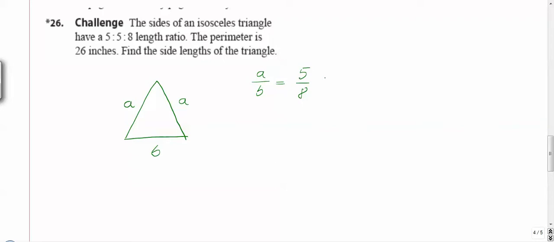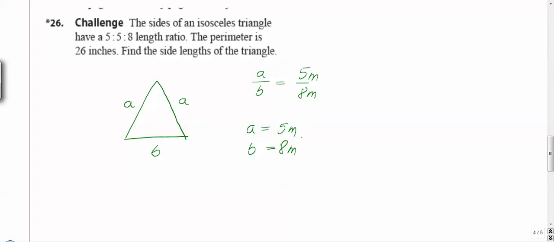Now, the ratio is 5 to 8, which means these two numbers have a greatest common factor, let's call that m, that eventually cancels out when you try to find the ratio. But I can write A as 5m, B as 8m.